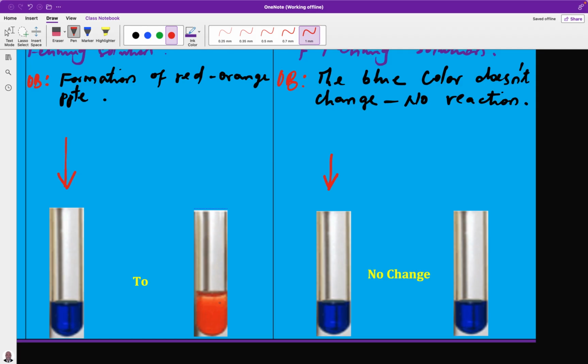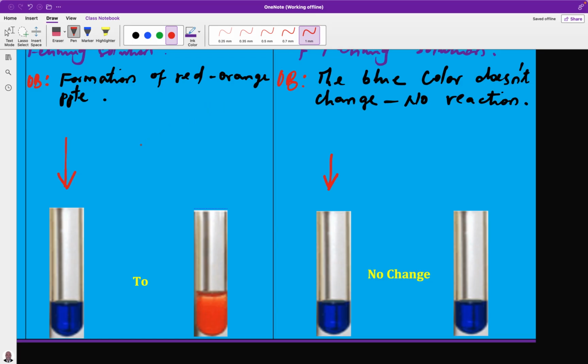This reaction shows that the copper 2 ion is acting as an oxidizing agent to oxidize the aldehyde present here to the carboxylate ion, and itself is reduced to copper 1. A reaction has taken place here. There is a redox reaction taking place.